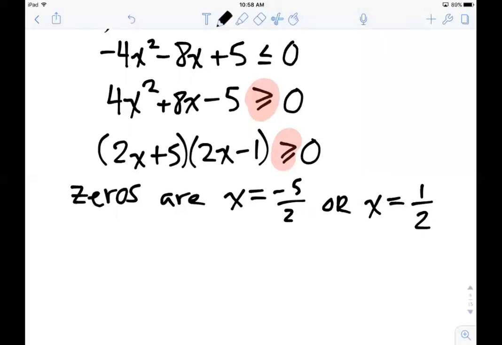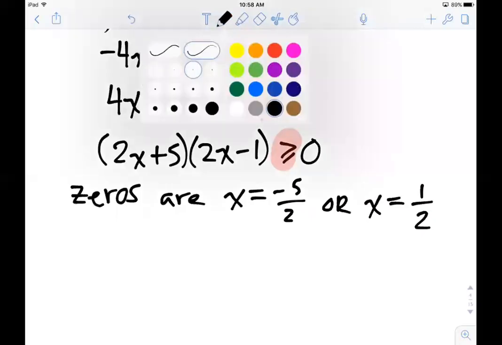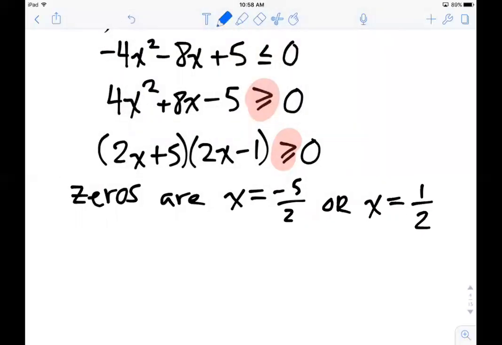So when I do my number line, I'm going to put solid dots in those places. But then because it needs to be greater than 0, I use the rule that says all of the other values I'm looking for are the outsides of those 0 values. So this is like my number line to represent an x-axis. I'll put -5/2 maybe somewhere around here. And I'll put +1/2 somewhere around here.